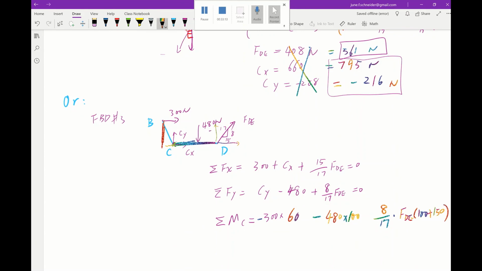And that rotation is going to make it counterclockwise. So that equals 0. So go ahead, we can put that in the calculator. See what we have here.